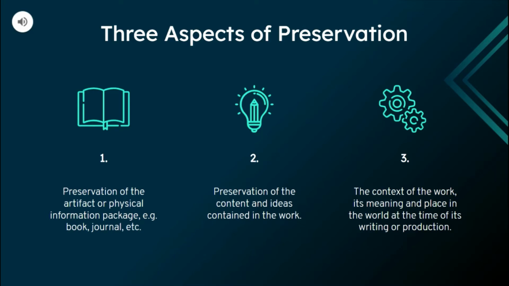Context is interesting because it requires the archivist to preserve facets beyond the information object itself. In order for users to appreciate their physical or digital information, there must always be some way to preserve the context in which it was originally created and displayed.